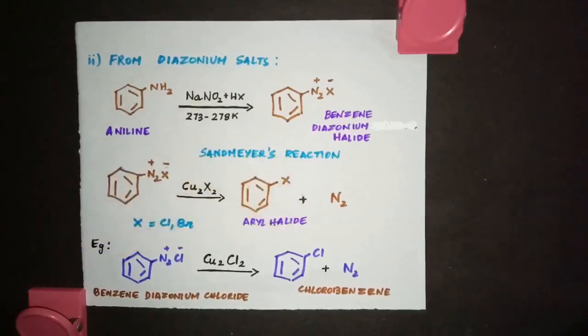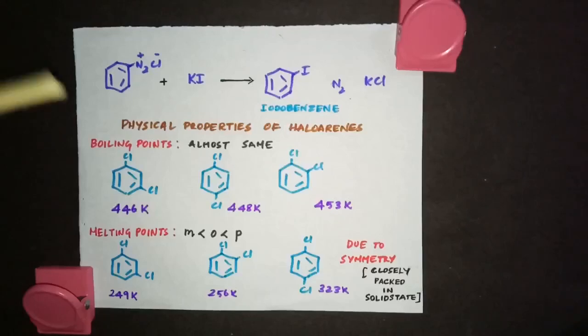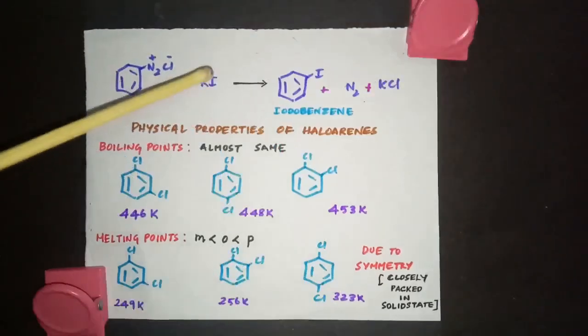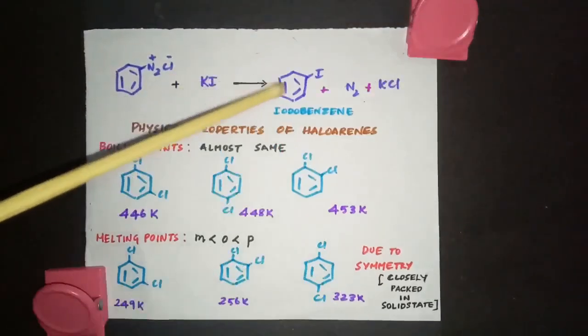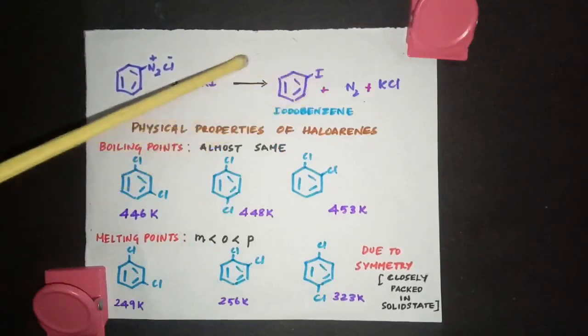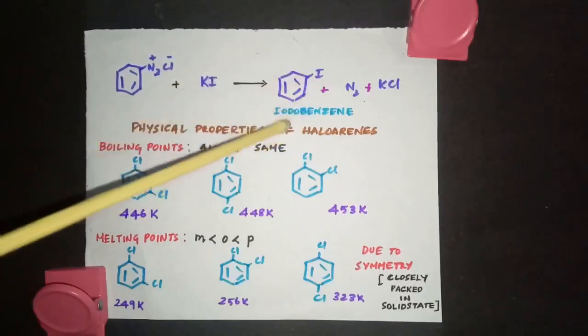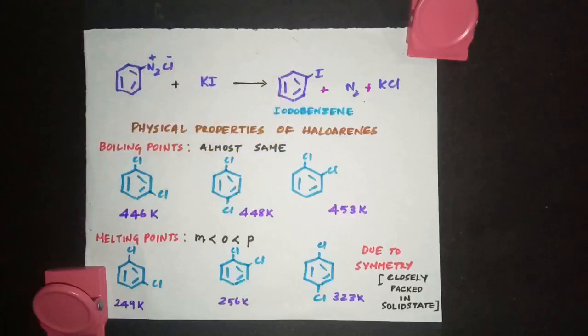If you want to prepare iodobenzene from diazonium chloride, it does not require any catalyst. You can directly treat it with potassium iodide to get iodobenzene. Now I'll show you that reaction. See, this benzene diazonium chloride reacts with potassium iodide to give you iodobenzene. So you don't need any catalyst to prepare this iodobenzene from benzene diazonium chloride.